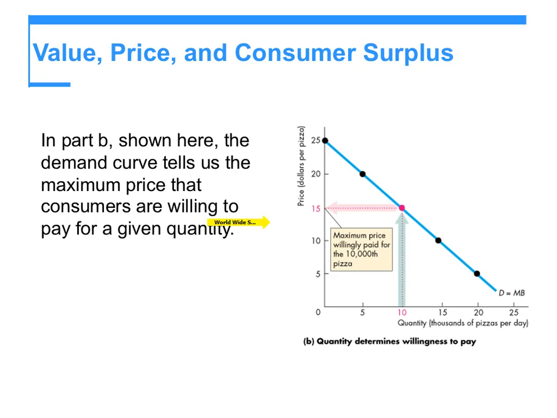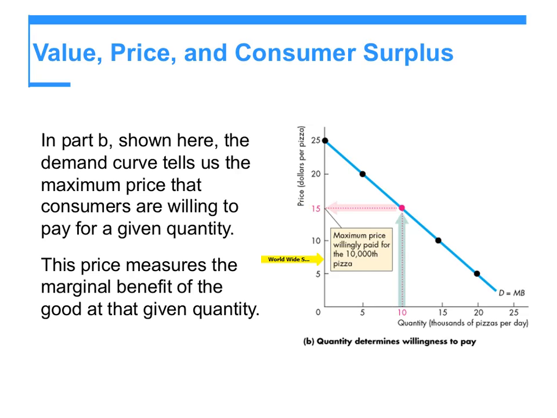As you can see here, for 10,000 pizzas per day, people are willing to pay $15. That's the maximum price willingly paid for the 10,000th pizza. So let's go further.